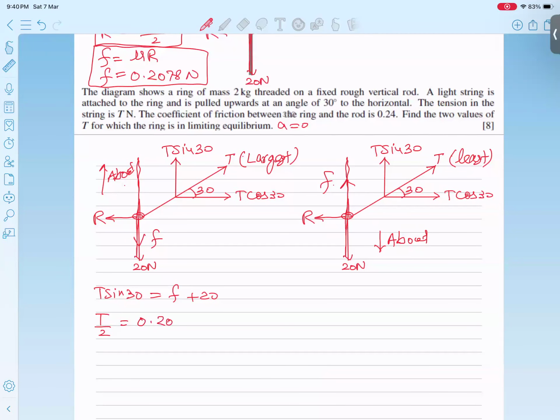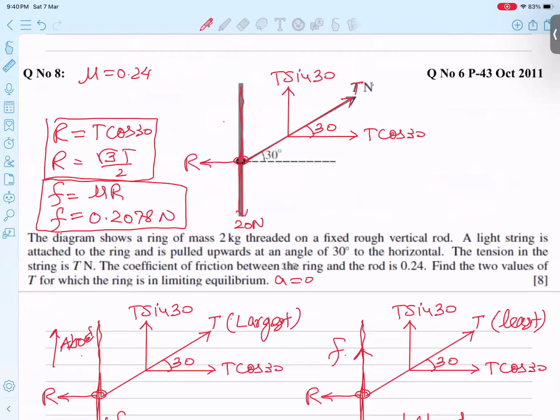And what is the friction force I just got on top? 0.2078. But hold on, R is normal, but this T is involved there, so we have to involve the R value here. T is also a component. So because the R value completely comes here, once again, let me check 0.24 times 2 root 3 and divide by 2.